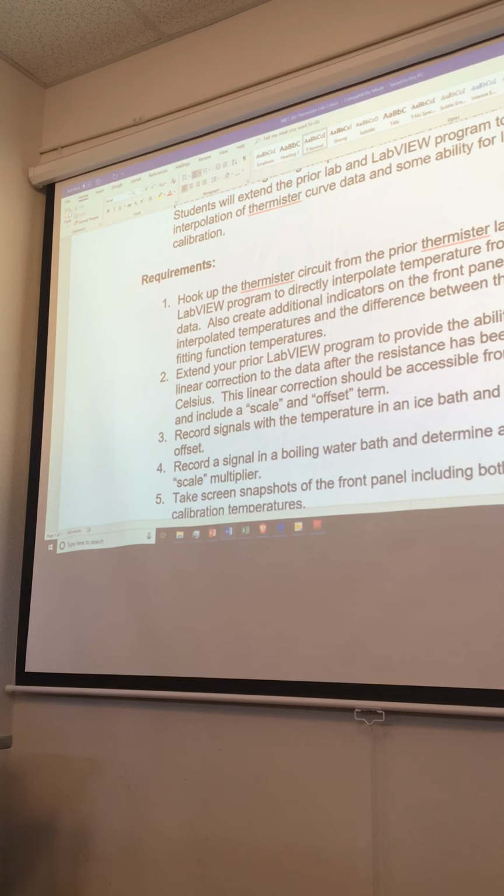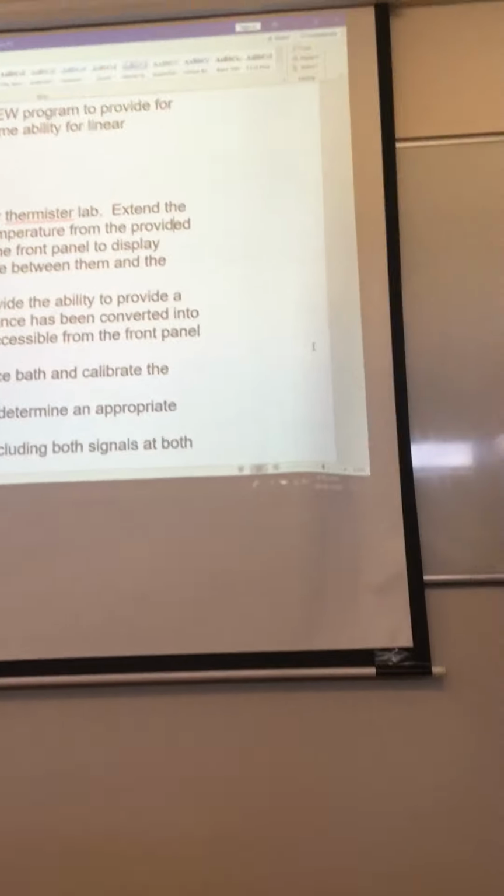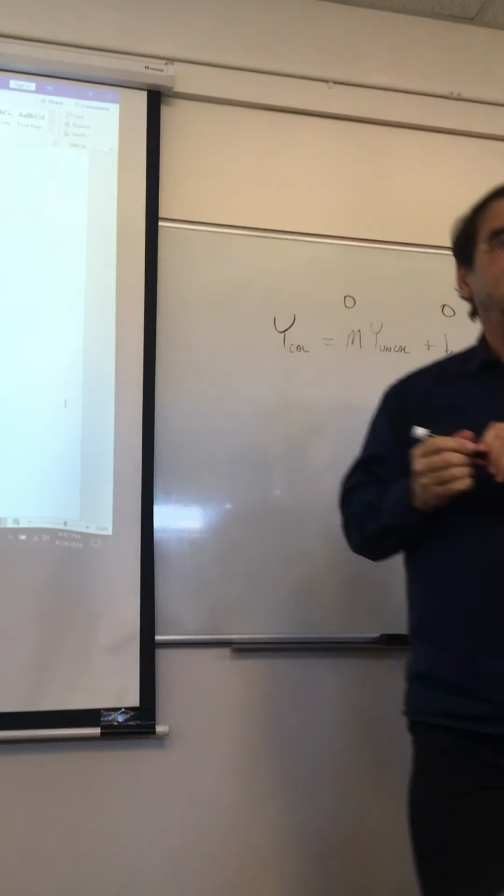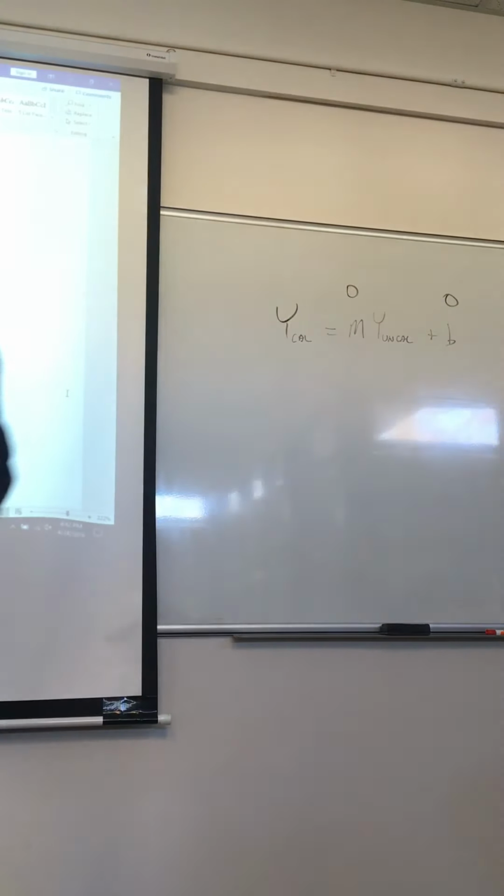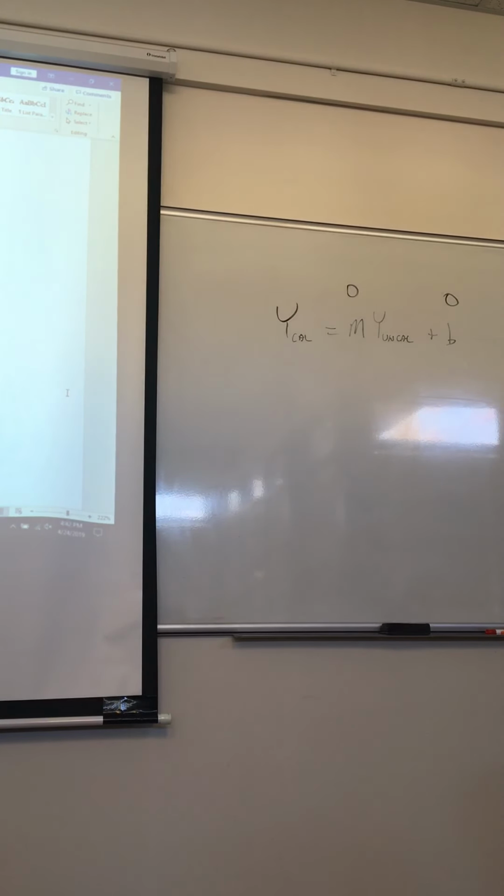Initially, we're going to stick it in ice water, and we're going to have to set these values to something. Because if I leave these values at 0, what happens? I get 0 out.